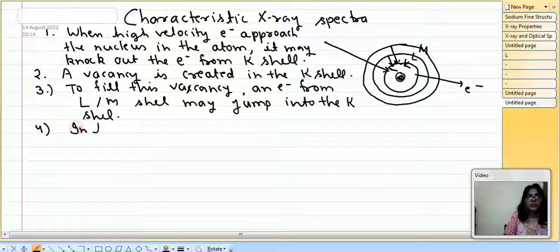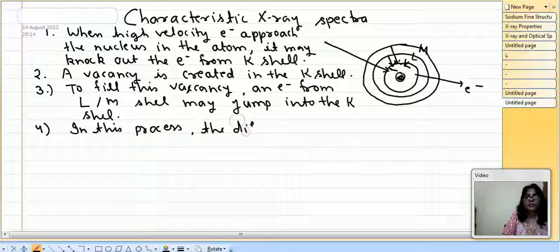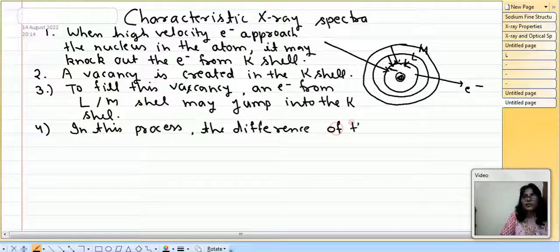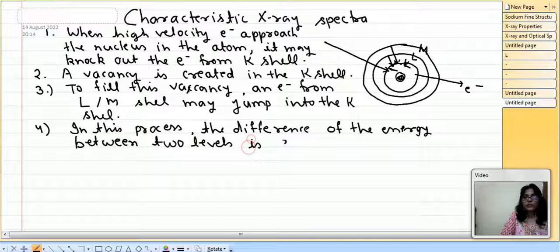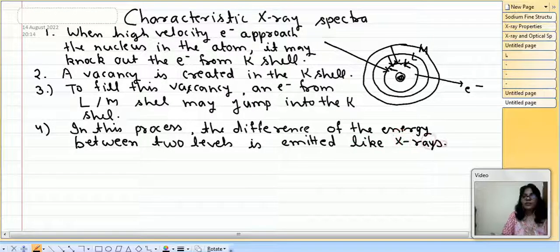In this process, the difference of the energy between two levels is emitted as X-rays. So this is the simple theory for the characteristic X-ray.